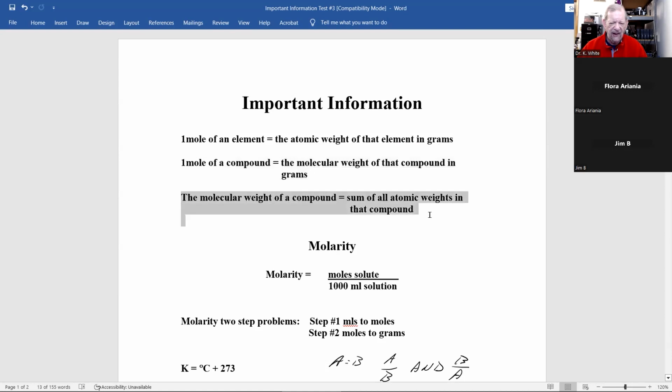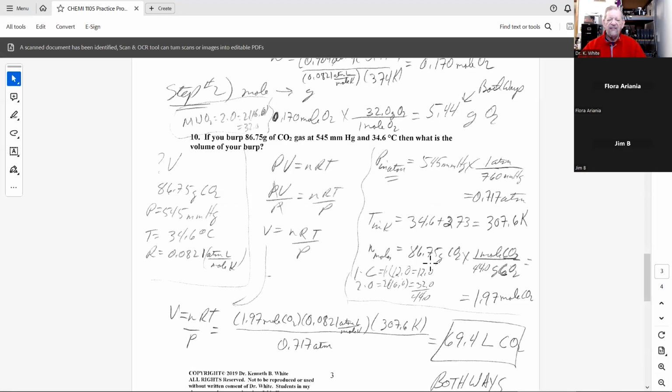And the molecular weight of that compound is the sum of all atomic weights. And hopefully you learned that for test 2 because you'll need it for test 3. So we have 86.75 grams of CO2, 1 mole of CO2 for the molecular weight of CO2.